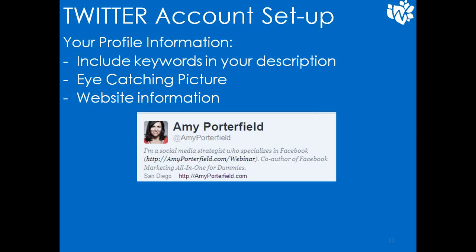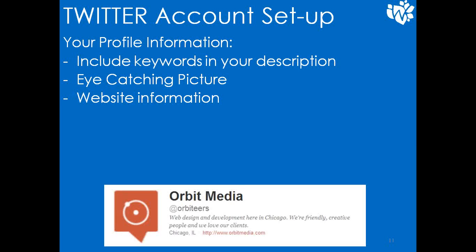And then we have Orbit Media, which is a local Chicago web design and development place here. As you can see, this is their business page. Here we see that they, again, use keywords: web design and development. Their icon, their picture, is part of their logo, and it gives a personable feel when they say, we're friendly, creative people, and we love our clients.